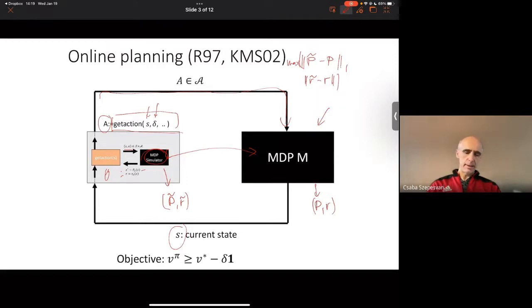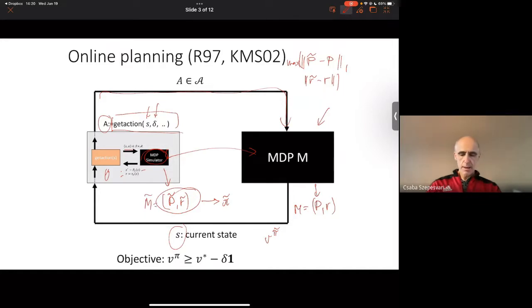Does this mean that if I write an algorithm that uses this simulator as if it was the real world, not really compensating for any of the errors, so we derive a policy pi tilde, and we use this pi tilde in the original MDP, so this is M, and this is M tilde?